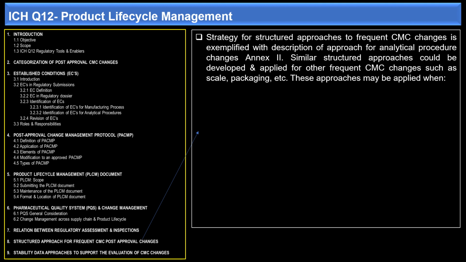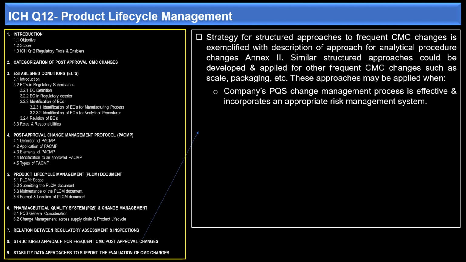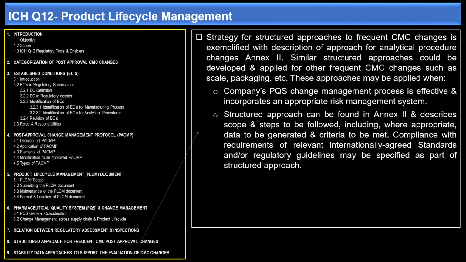The strategy of the structured approach for frequent CMC changes is exemplified with a description of the approach for analytical procedure changes in Annex 2 of this guideline. A similar structured approach should be developed and applied for other frequent CMC changes. So we'll look into Annex 2 in detail. The approaches may be applied when the company's pharmaceutical quality system change management process is effective and incorporates an appropriate risk management system.